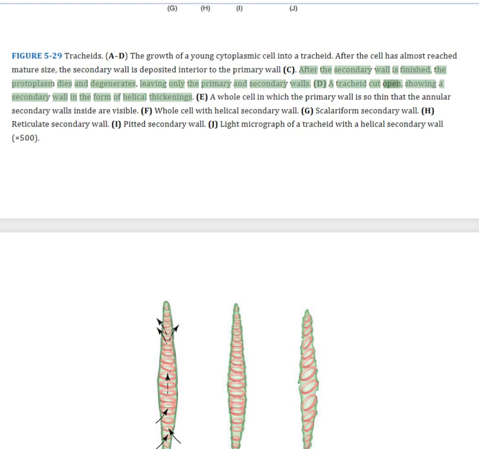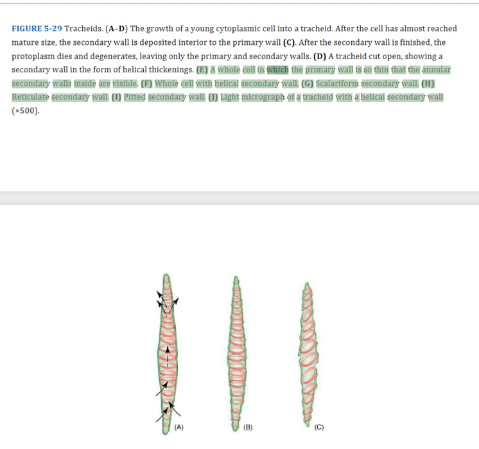A tracheid cut open, showing a secondary wall in the form of helical thickenings. A whole cell in which the primary wall is so thin that the annular secondary walls inside are visible. Whole cell with helical secondary wall. Scleriform secondary wall. Reticulate secondary wall. Pitted secondary wall. Light micrograph of a tracheid with a helical secondary wall.